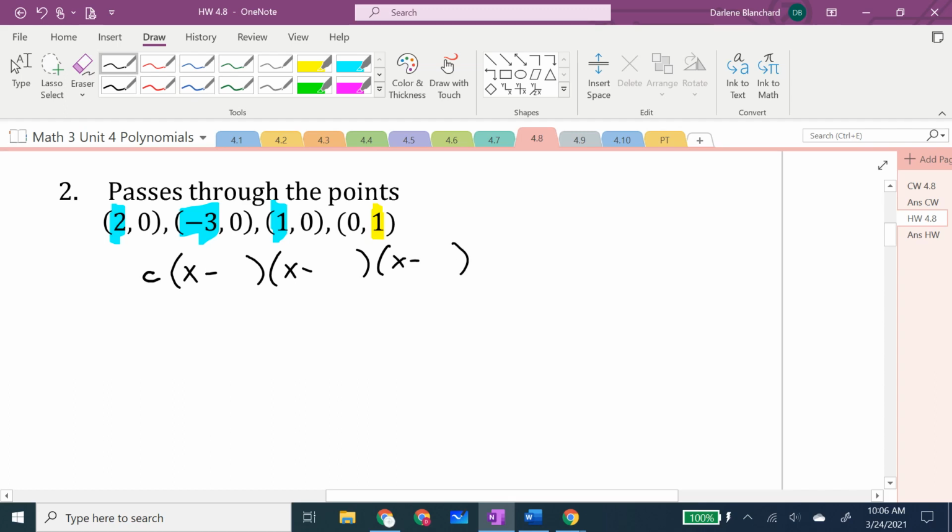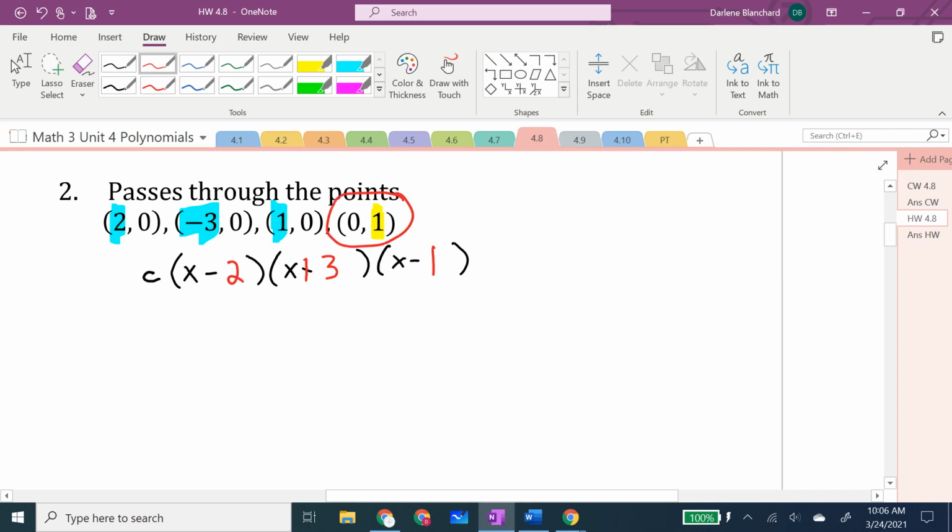The x-intercepts are the roots. They are the zeros. So I have 3 of them. So I have x minus 2, x minus -3 turns into x plus 3, and x minus 1.